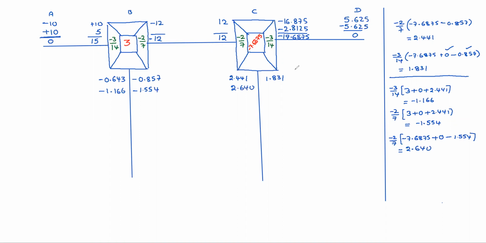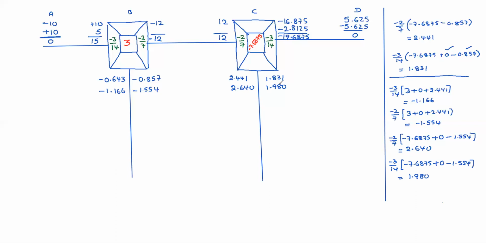Similarly, for CD span, rotation factor is minus 3 by 14, fixed moment sum 7.6875, from support D 0, from support B minus 1.554, which is equal to 1.980.